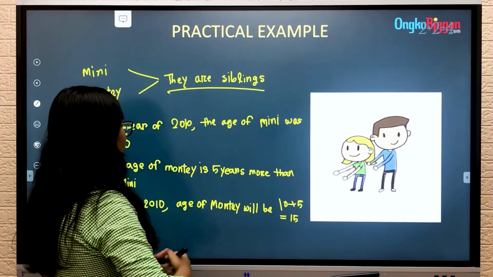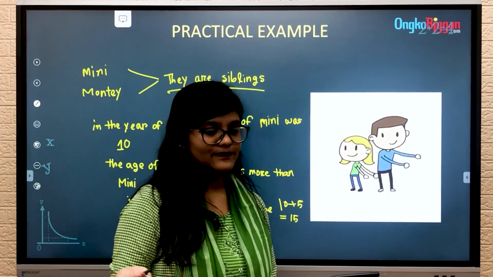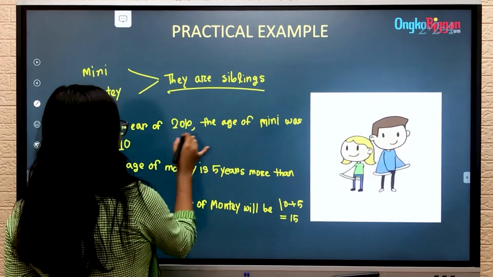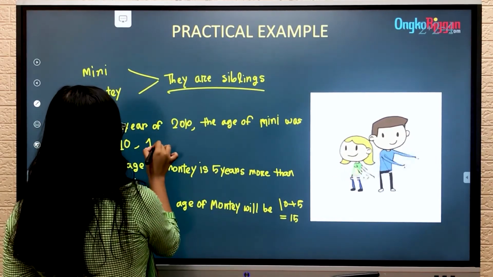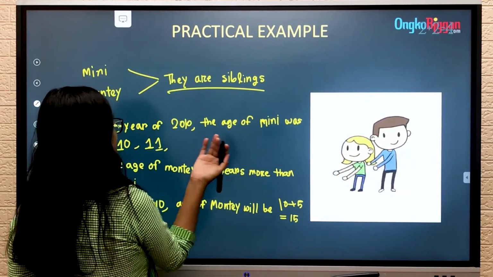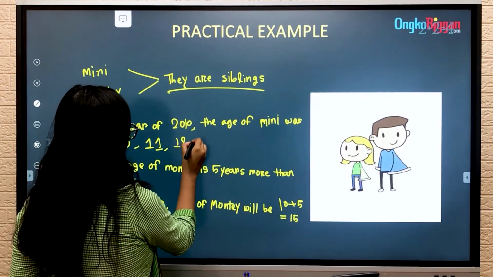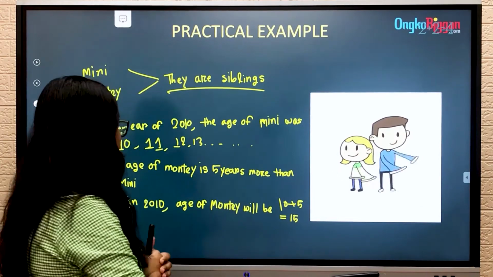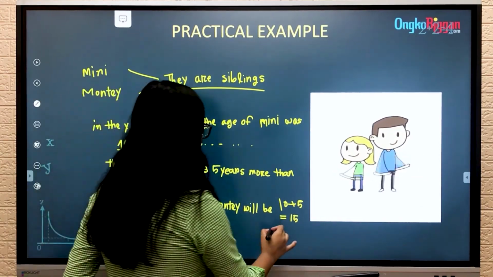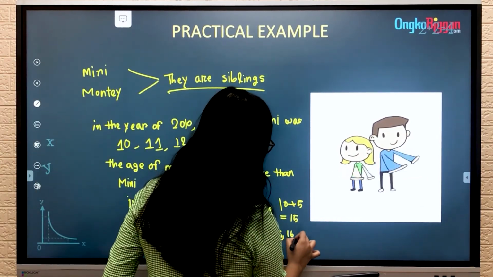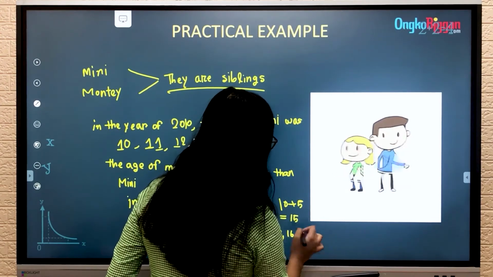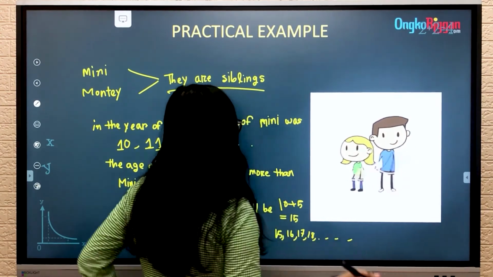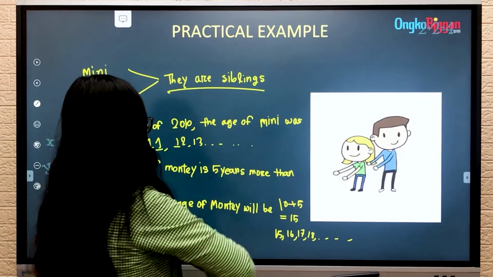But what will happen in 2011? In 2011, age of Minnie will be 11. Then in 2012, it will be 12. In 2013, 13, that means it will keep changing. Similarly, the age of Monty will be kept increasing, like 15, 16, 17, 18, etc. That means it will keep changing.